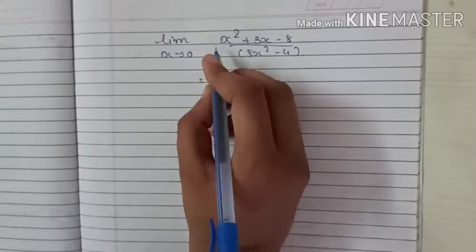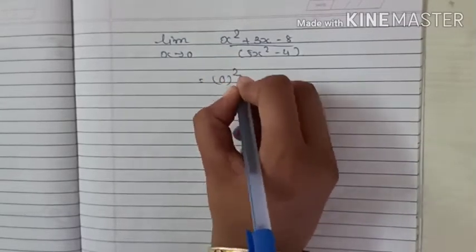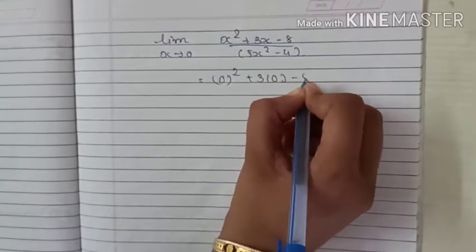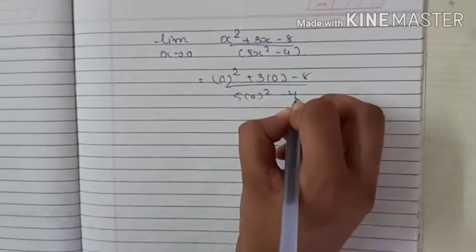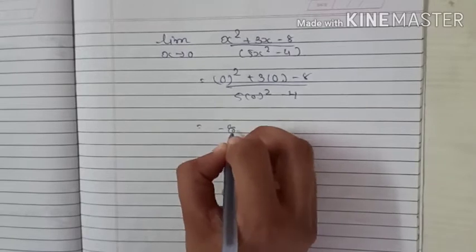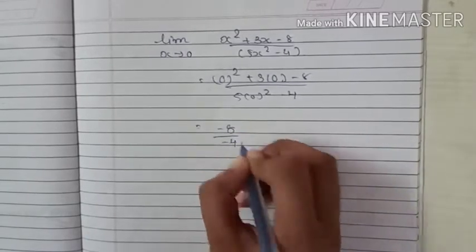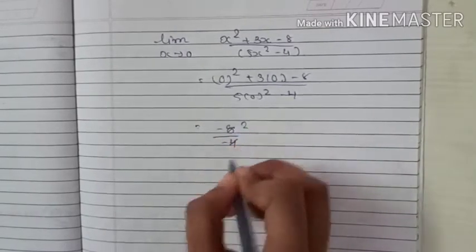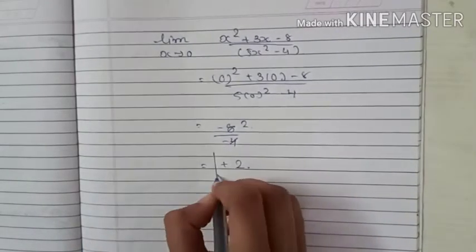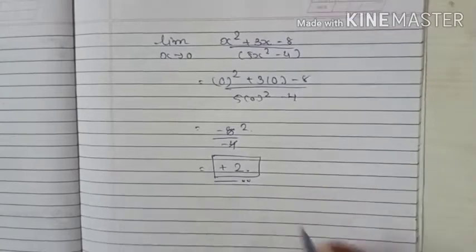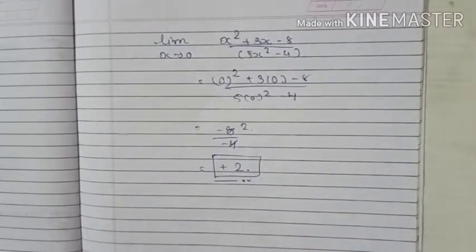So we are putting x is equals to 0. So 0 square plus 3 into 0 minus 8 upon 5 into 0 square minus 4. Answer will come minus 8 upon minus 4. 4 2s are 8. Answer is plus 2. Right?